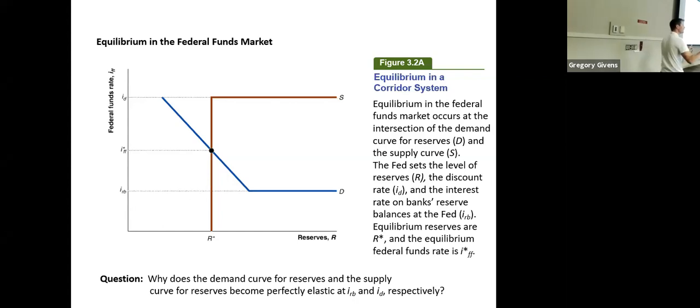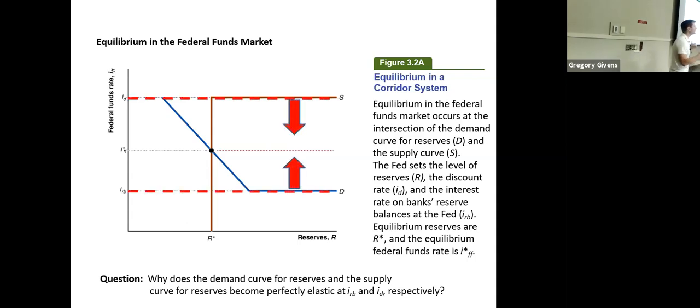And so what I'm trying to say here is that the interest rate on reserve balances becomes a floor that the funds rate can't go below, and the discount rate is a ceiling above which the federal funds rate cannot rise, okay?